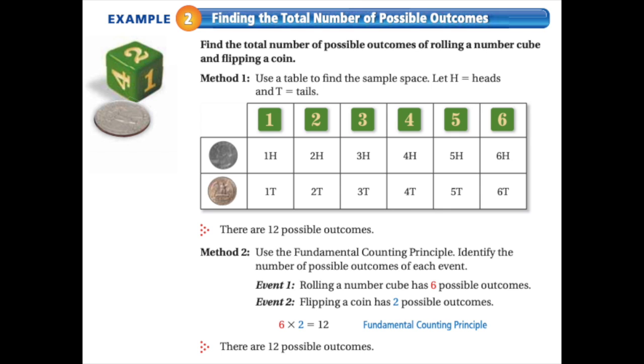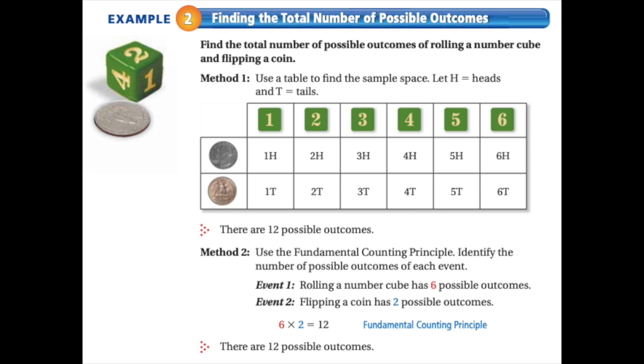Looking at the table, you can see that your first option is rolling a 1 and flipping a heads. Below that is a 1 and flipping a tails. To the right of that, rolling a 2, flipping a heads, and so on. As you can see, there are 12 possible outcomes. All of the 12 outcomes are listed, giving you that sample space. Now, method 2 is a little bit more simple, and it only gives you the information of how many outcomes there could be.